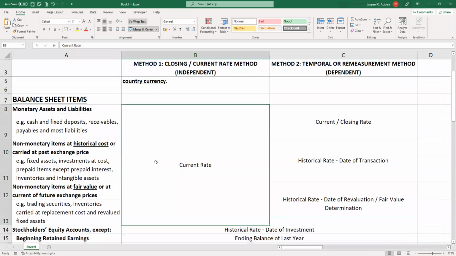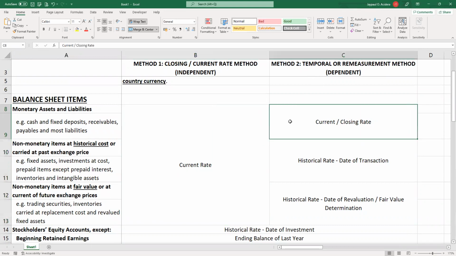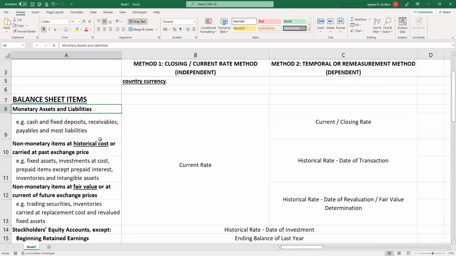Okay, so going back, assets and liabilities, whether monetary or non-monetary, under the method 1 or the closing or current rate method, we record them using the current rate. Method 2 naman, or the temporal or remeasurement method, okay, we only use the current or closing rate when we are dealing with monetary assets and liabilities.